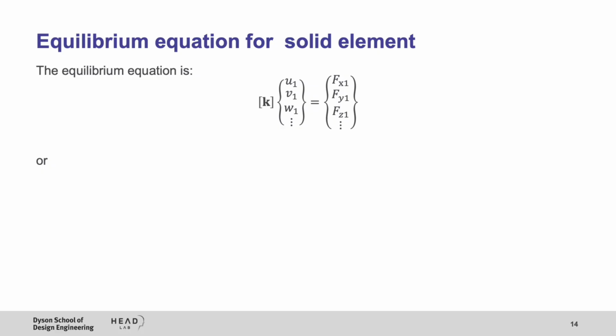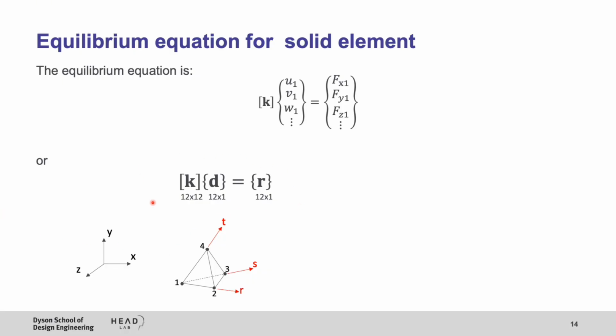Okay, now that we know how the element stiffness matrix is formulated, we can formulate the equilibrium equation, which looks like this for a solid element: the element stiffness matrix times the vector of nodal displacements, or translations for solid elements, equal to the vector of nodal forces, or I can write it in an abbreviated form like this.